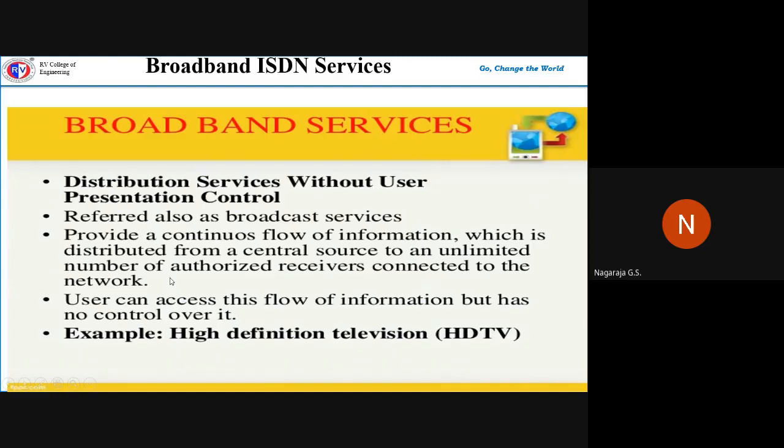Those who are connected to the network are supposed to get the same information at that particular instance of time. That is broadcast to all. You don't have any control over it. The user can access the flow of information but has no control over it. You can think about various applications relating to it and talk about it in detail.